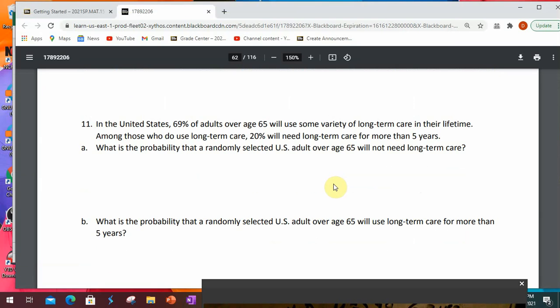Okay. So let's do one more. Let's make sure we can do a CLT. I think this is the CLT. 69% of adults surveyed will use some long-term care. Among those who do not use, 20%. What is the probability that a randomly selected U.S. adult over age 65 will not need long-term care? Okay, so anytime we're dealing with percentages, p-hats, we're doing two categories.